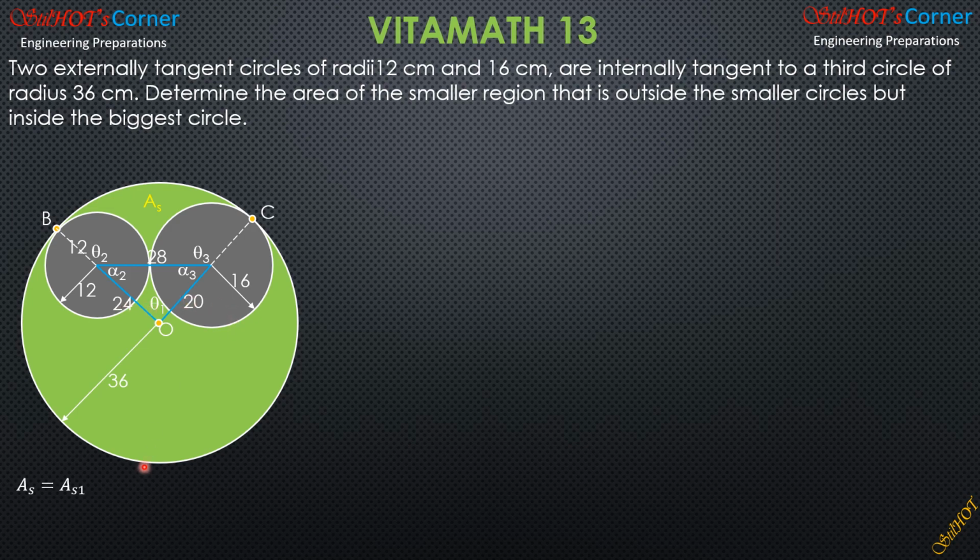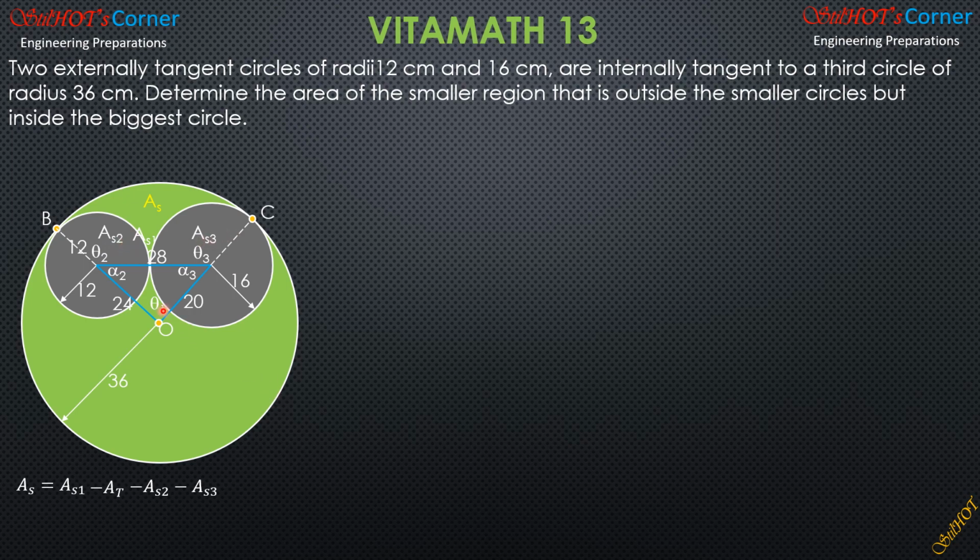So area S is the area of sector 1, which is the area of this entire sector. Call that area S1, this sector here, minus the area of this triangle, minus area S2, minus area S3.